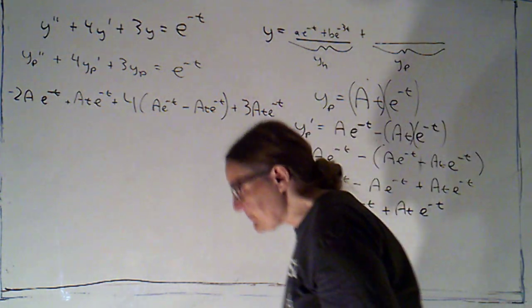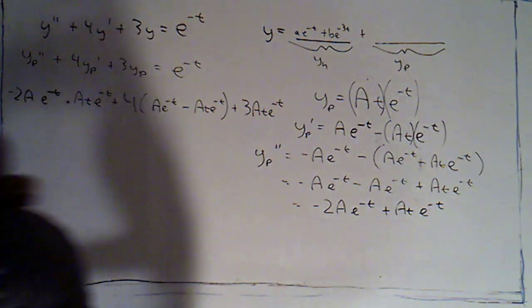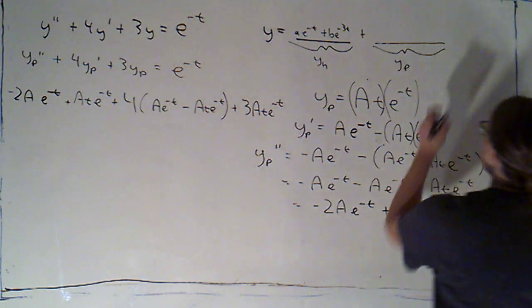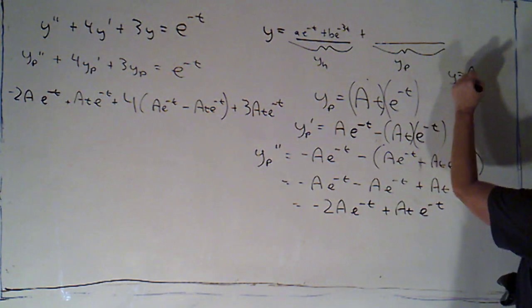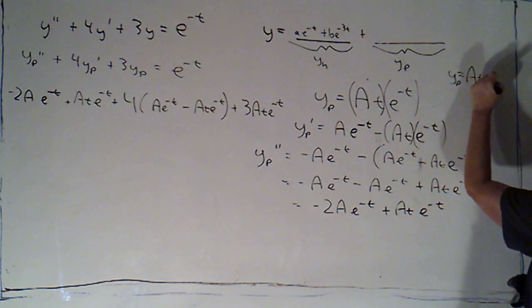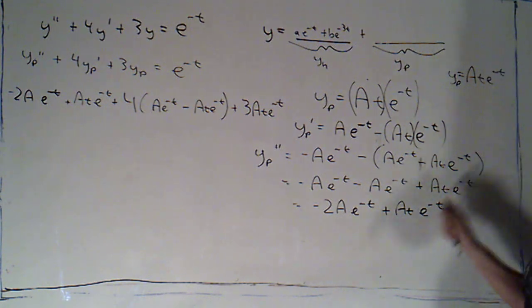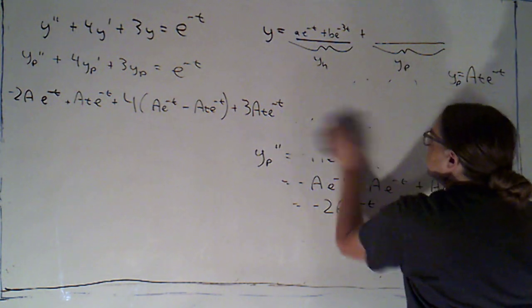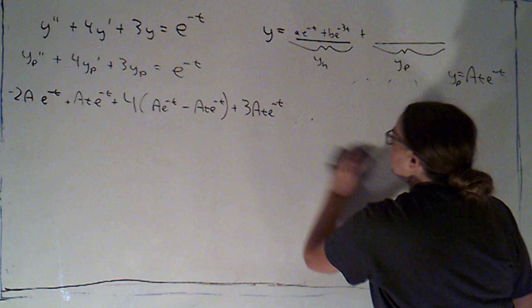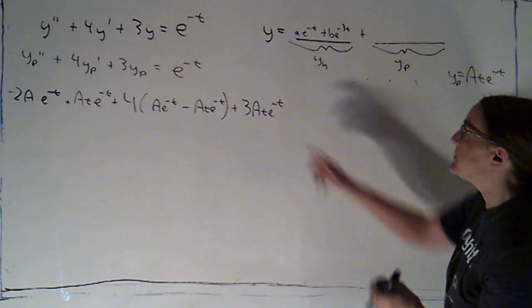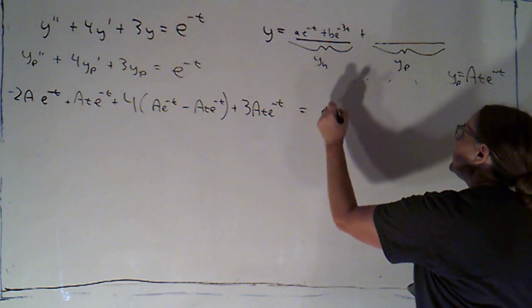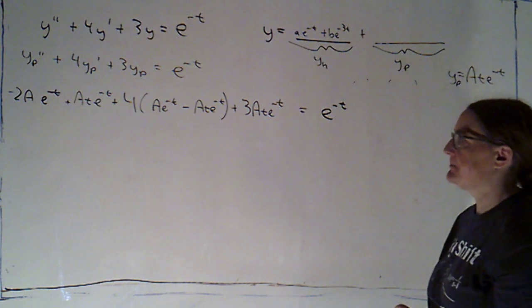I am running out of board space. So I'm just going to remind myself off to the side here that y sub p was at e to the negative t. And we've plugged in these derivatives, so I don't need that information anymore. This was my left-hand side. I want that all to equal e to the negative t.